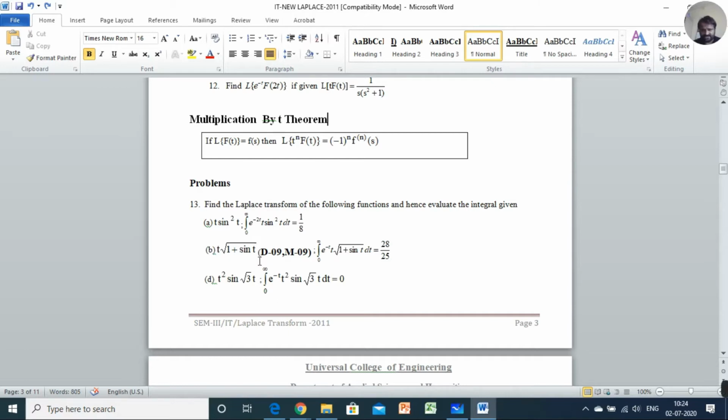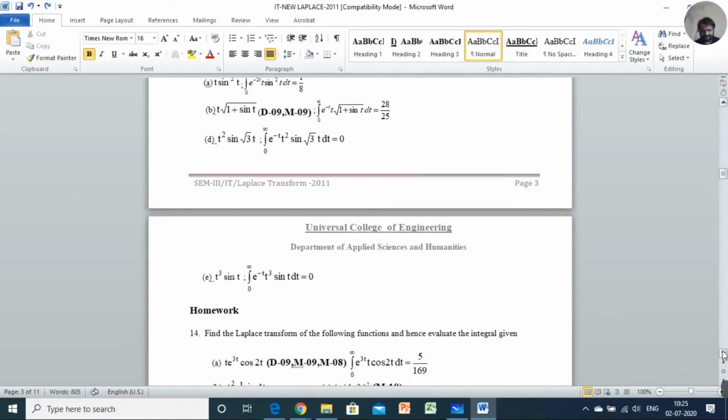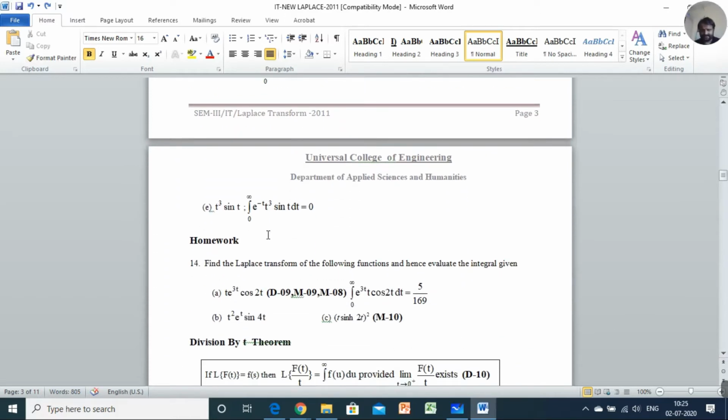Already we solved such kinds of questions, like the integral 0 to infinity of e raised to minus t times under root of 1 plus sine t dt equal to 28 by 25. We got such a result. So now we have to see t cube e raised to minus t. I'm just going to take this numerical so hopefully you will understand what we did here.